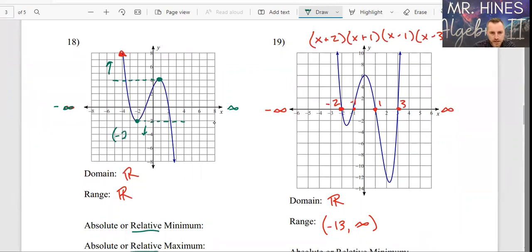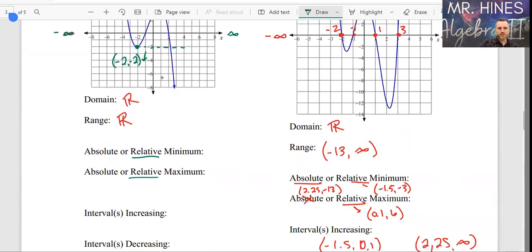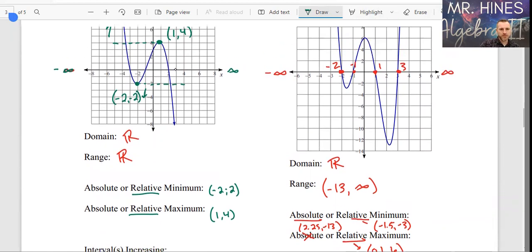This one, x is -2, the y value is about -2. And then this one over here, it's about 1,4. So really just being very basic with it. So we've got a relative maximum at 1,4. We've got a relative minimum at -2, -2.